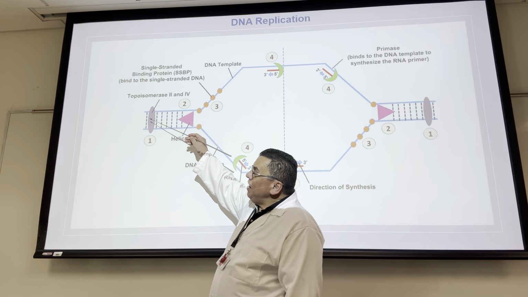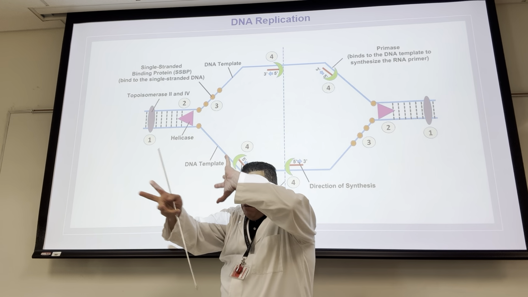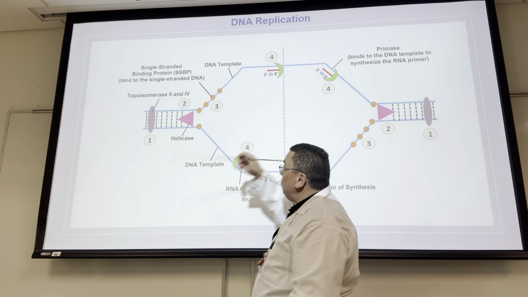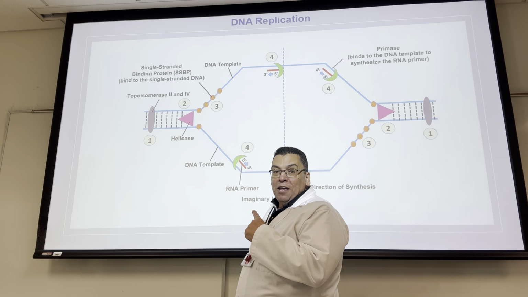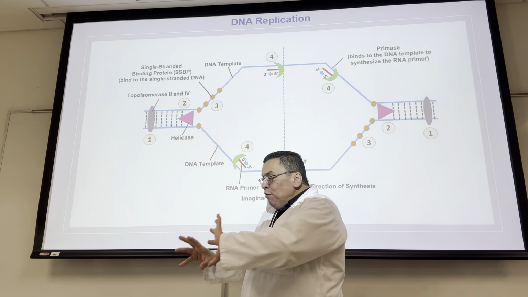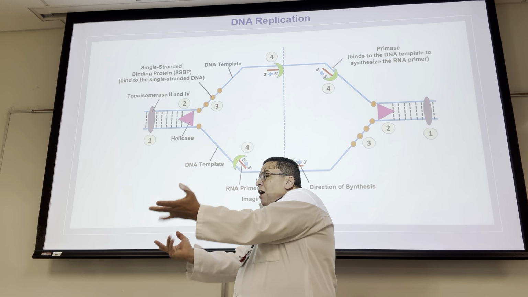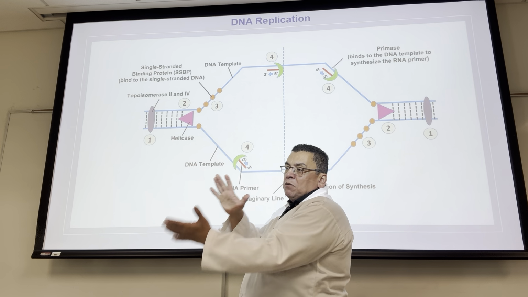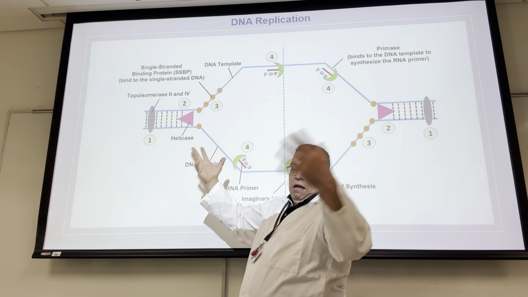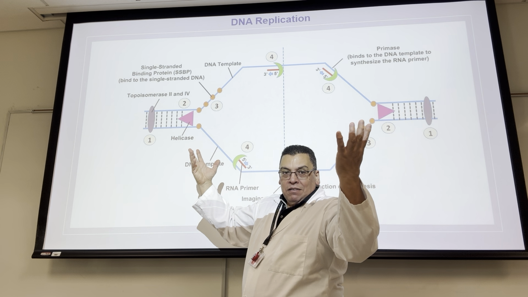See, the DNA up here is all tangled up. Same thing with here. This one you cannot ignore. You have to untangle the DNA before the next enzyme goes through. Otherwise, it's going to hit a wall.